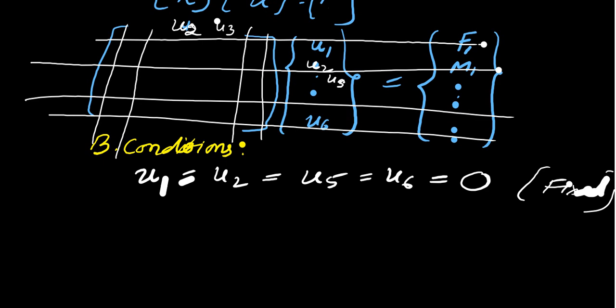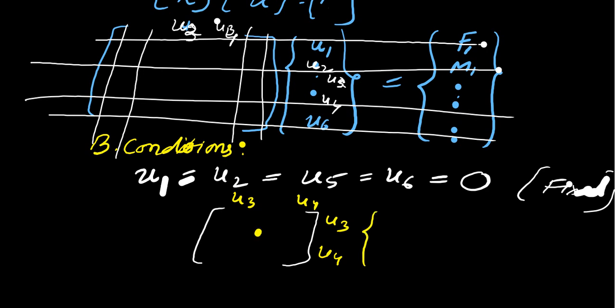So you are getting a 2 into 2 matrix with displacements U3, U4. These are the unknown displacements you have to get. So this is the value of K, the global stiffness matrix, and the displacement here will be U3 and U4. And force will be as per the diagram, so there will be F3 and M3.